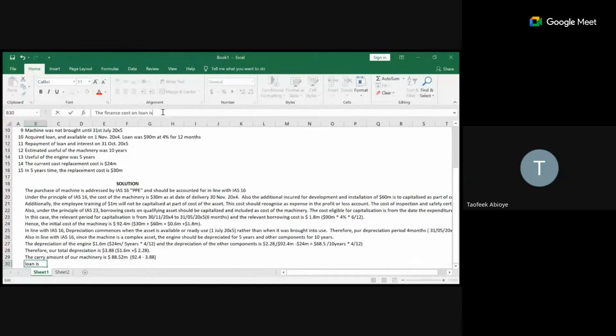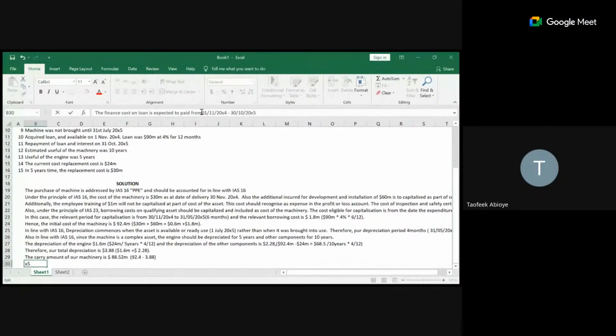It's expected to be paid from 1st of November 20x4 to 30th October 20x5.